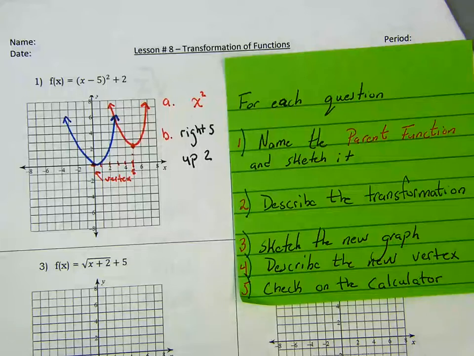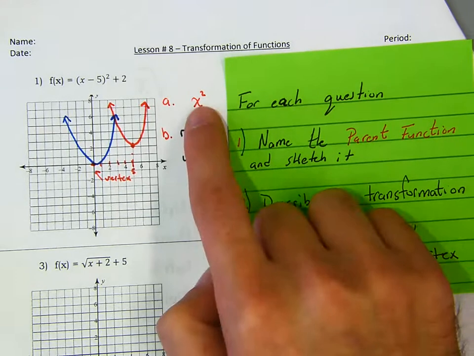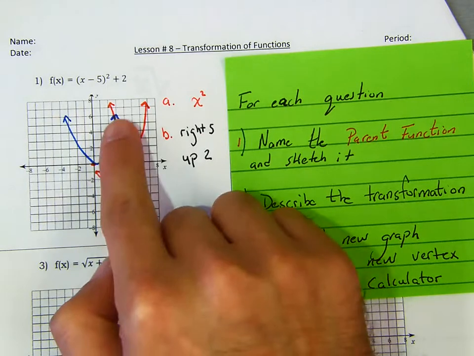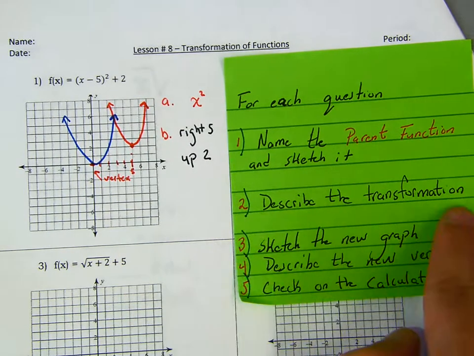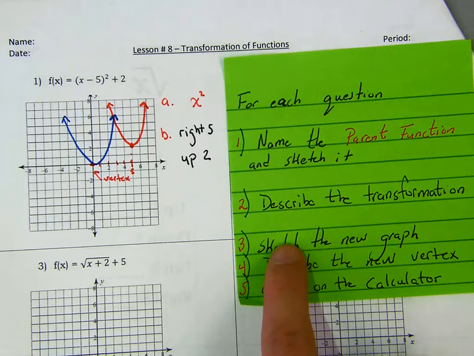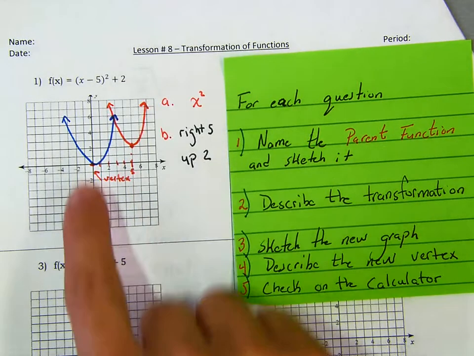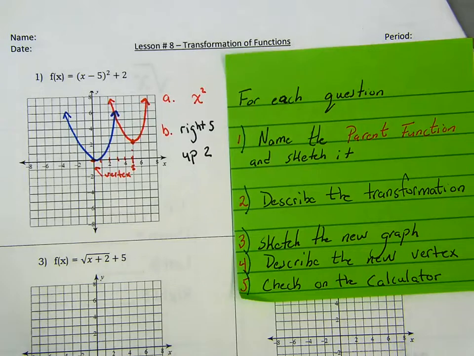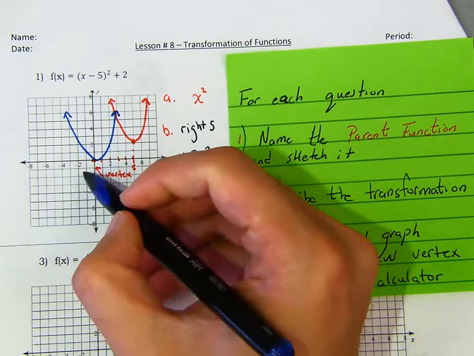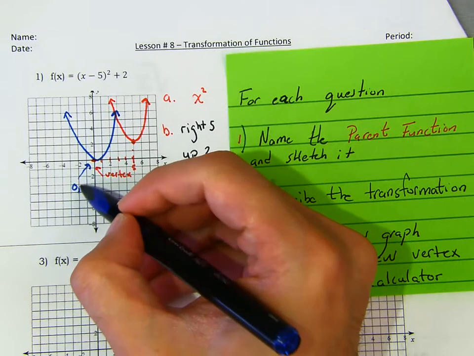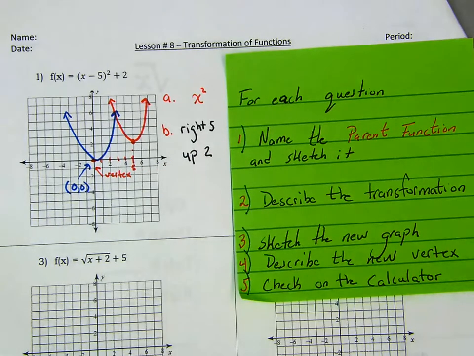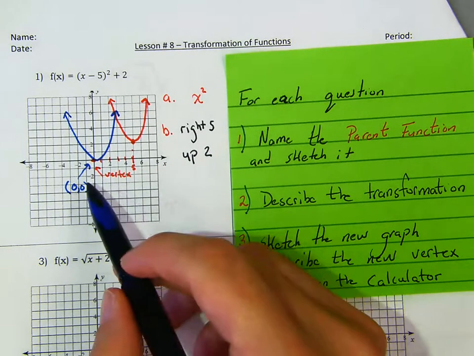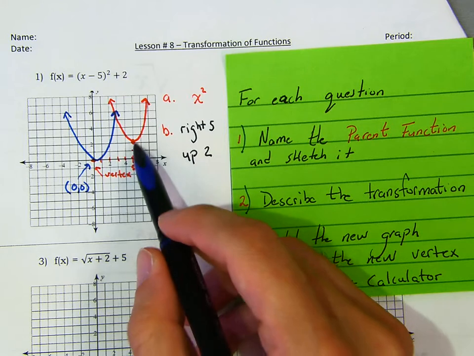Now here, we did the first part where we named the function, sketched the original, described the transformation, and sketched the new graph of that transformation. What is part D telling us? What is the new vertex? Because when we start, the original vertex is 0, 0, but now, where did the vertex go?